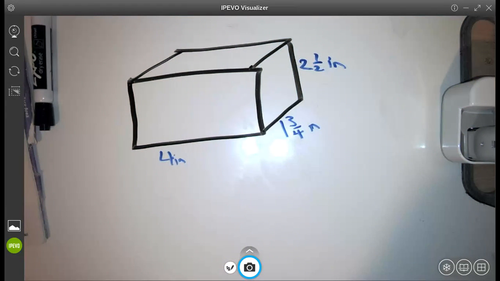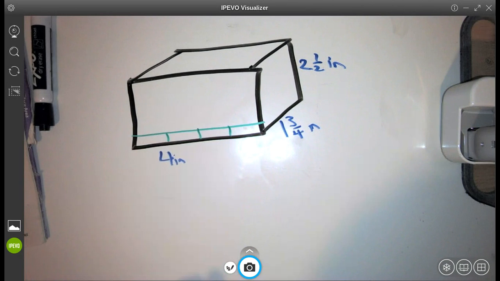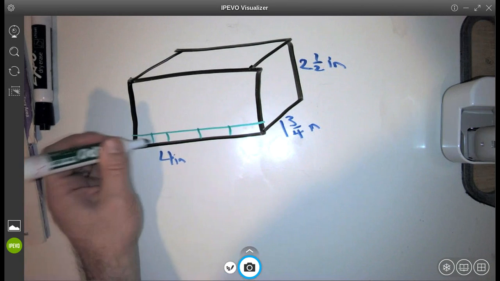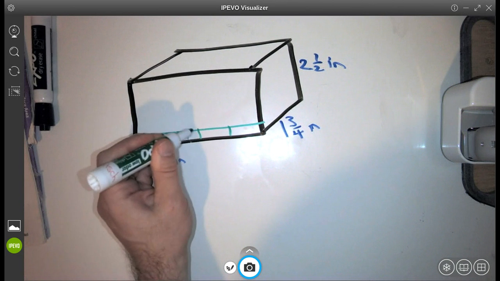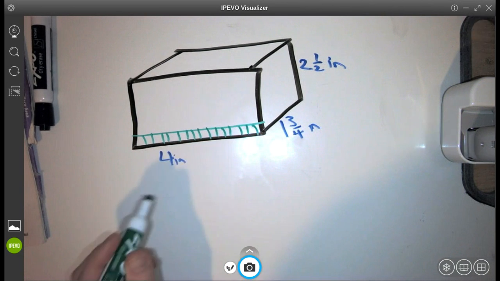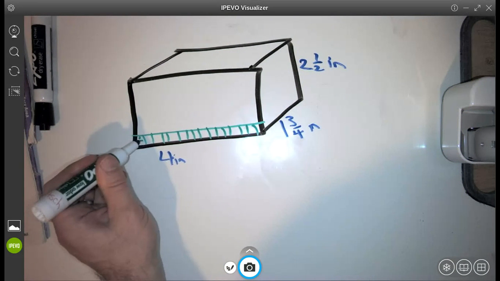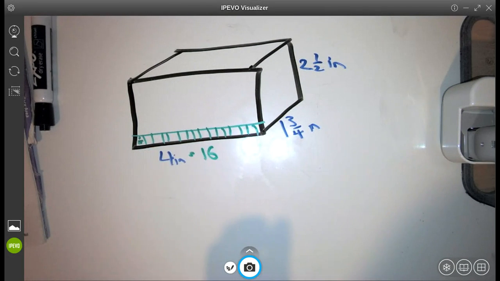They want to know how many 1/4 inch cubes can fit into this length. So 4 inches. Think about it. In each inch, we can fit 4 1/4 inches. So 4 1/4 inches, 4 1/4 inches, 4 1/4 inches. Each one of these is a 1/4 inch. There will be 16 1/4 inches that can fit along the length.